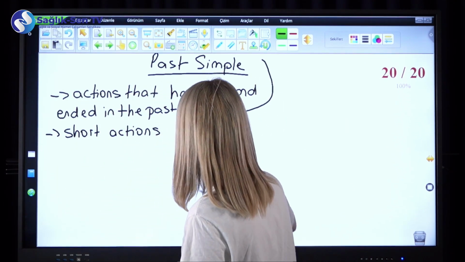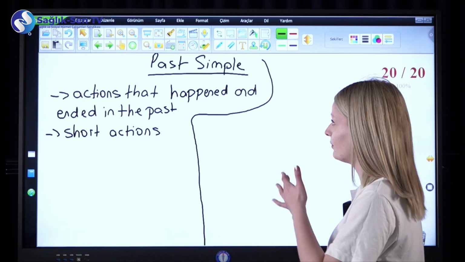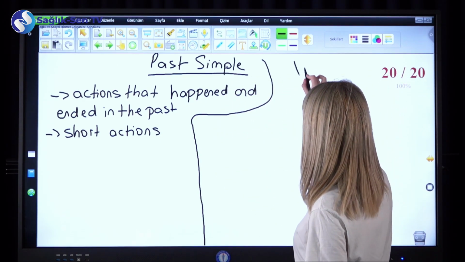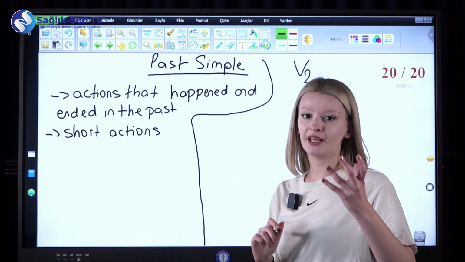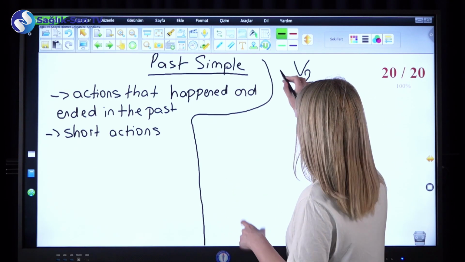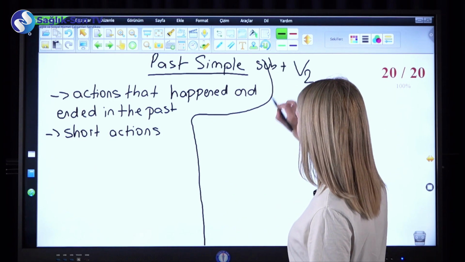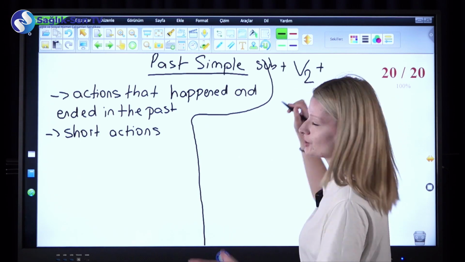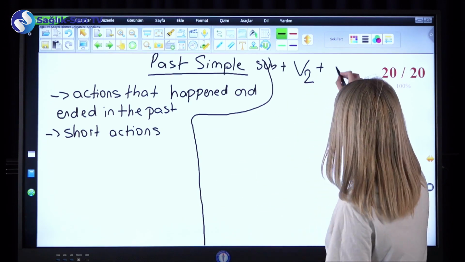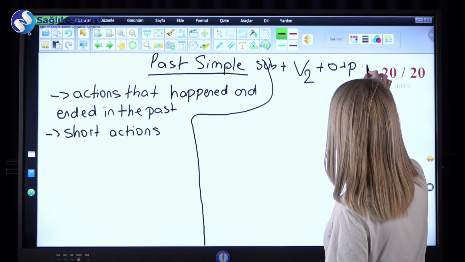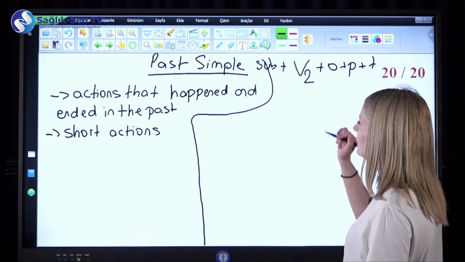The grammar rule we use with past simple is verb 2 form. Our basic sentence structure starts with subject, verb form, which is verb 2 in this case, object, place, and time.